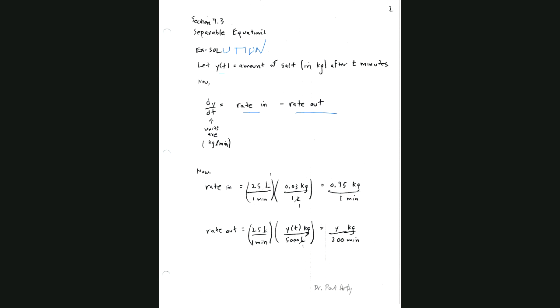The liters will simplify out, and you're left with 0.75 kilograms per minute. And that's your rate in. So the salt from the brine is entering the tank at 0.75 kilograms per minute.